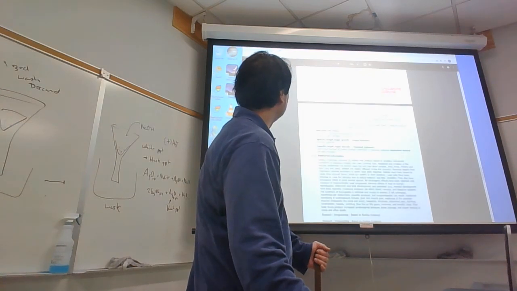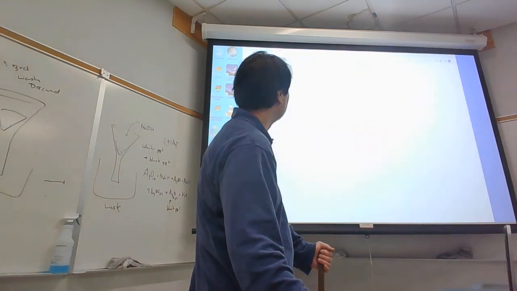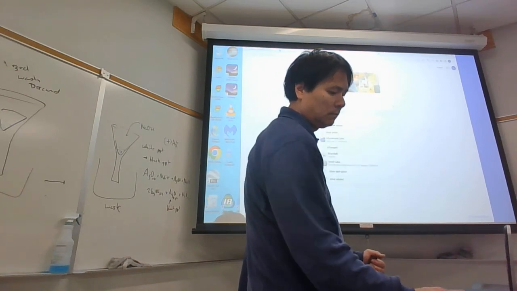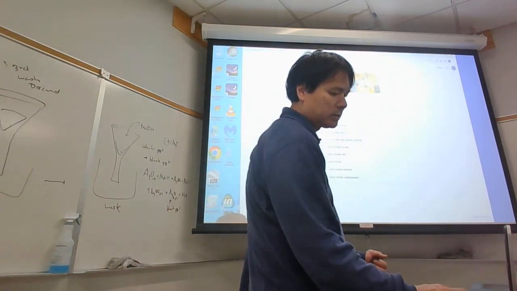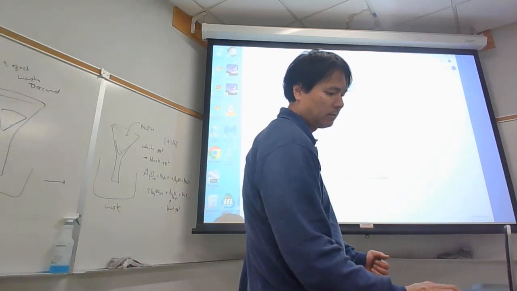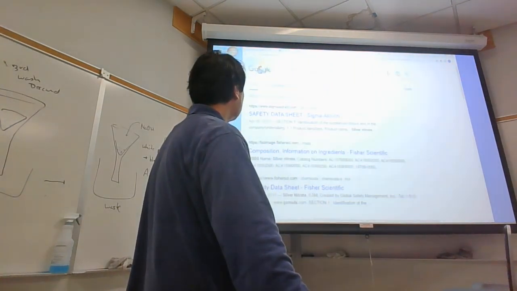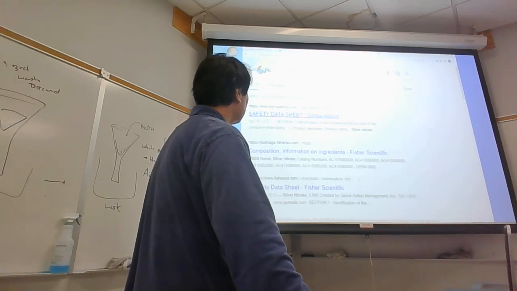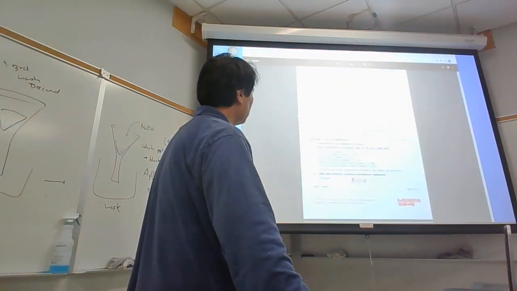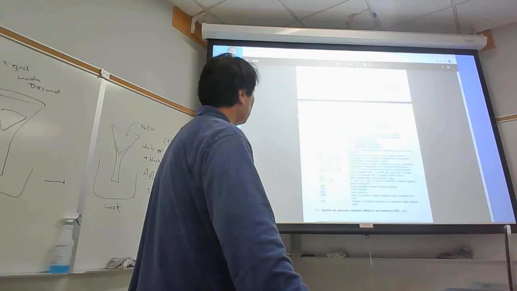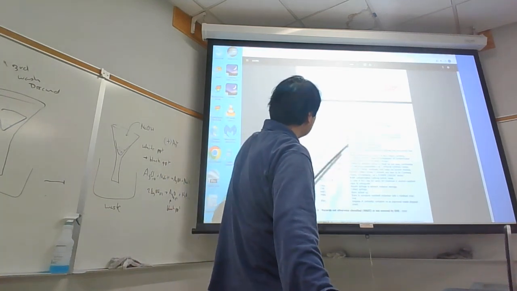But anyway, we could read the SDS for all the chemicals. If we look at silver, what we're going to be using is silver nitrate. It seems a little better.